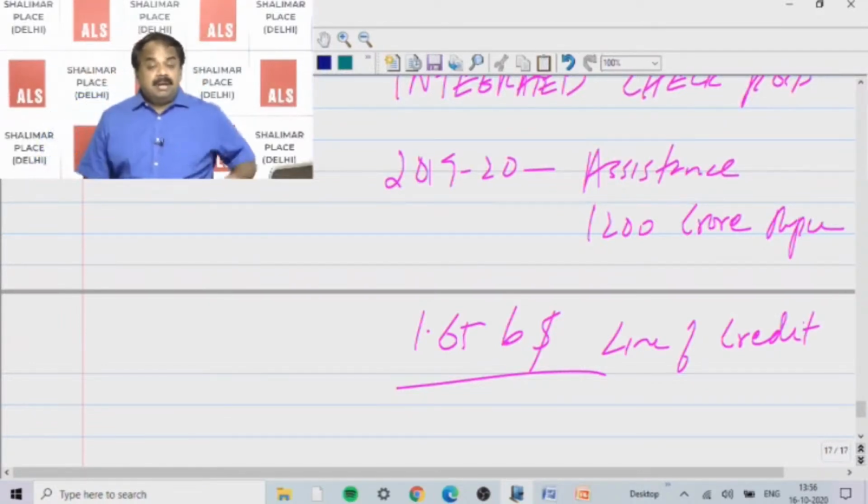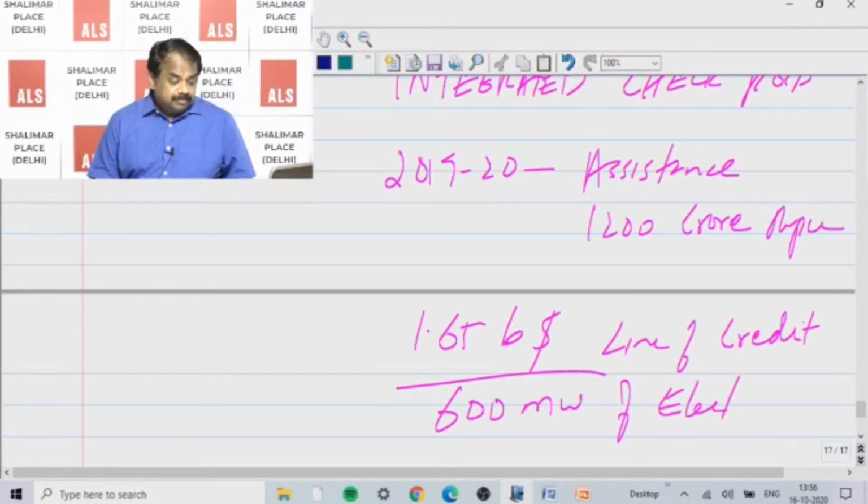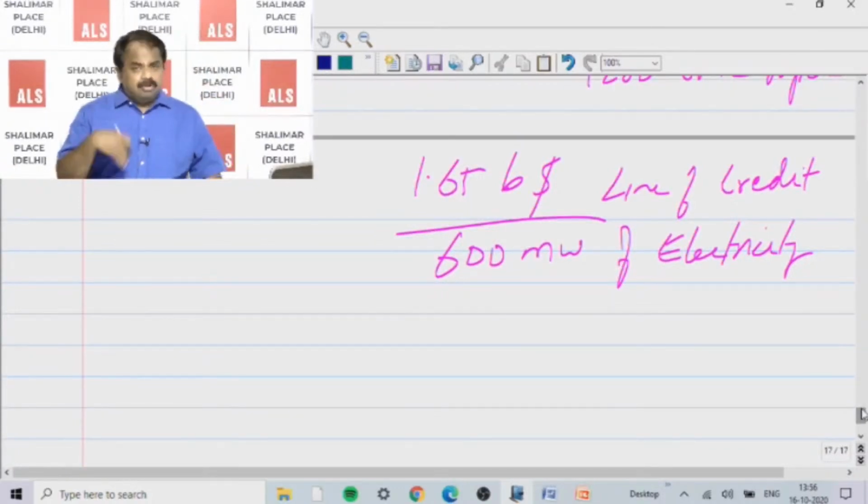Nepal has a serious shortage of electricity, and we are supplying around 600 megawatts of electricity right now to Nepal. Of course, we are charging, but we are supplying it.